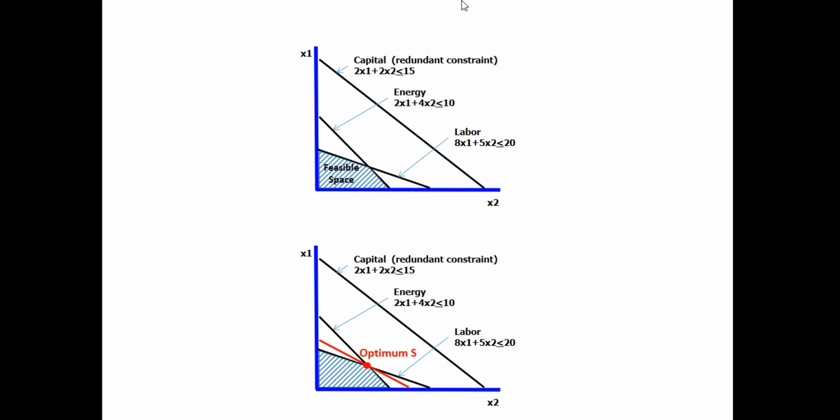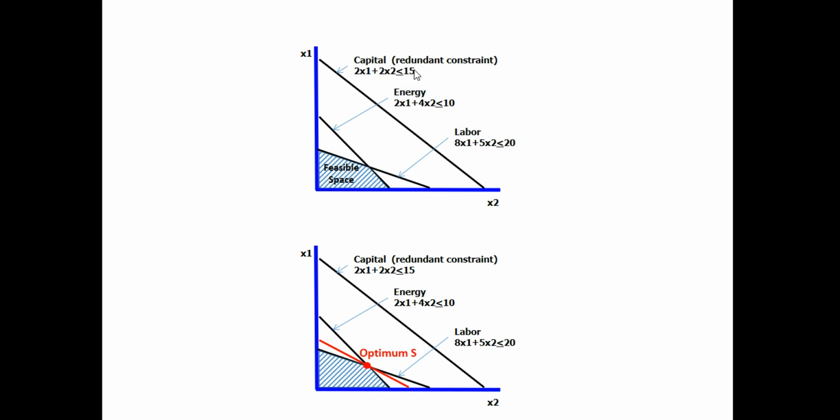As you can see, the capital constraint has no role in defining the feasible space because it doesn't force any new constraints, and our feasible space is already way smaller than the area that is defined by this constraint.